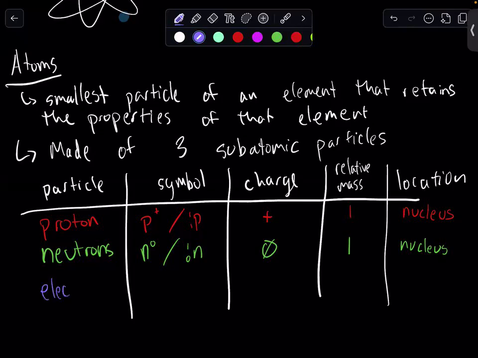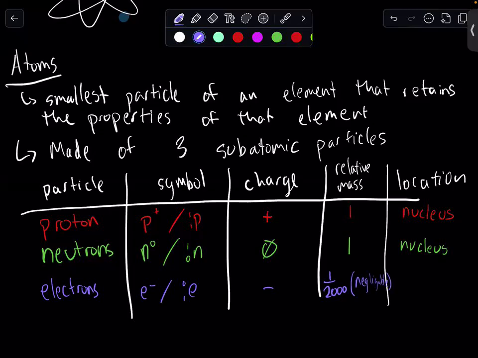Last, we have electrons. Electrons are represented with E minus, E 1 0. They have a negative charge. They have a relative mass of 1 over 2,000. They're about 1/2000th the mass of a proton or a neutron, which basically means they're negligible.